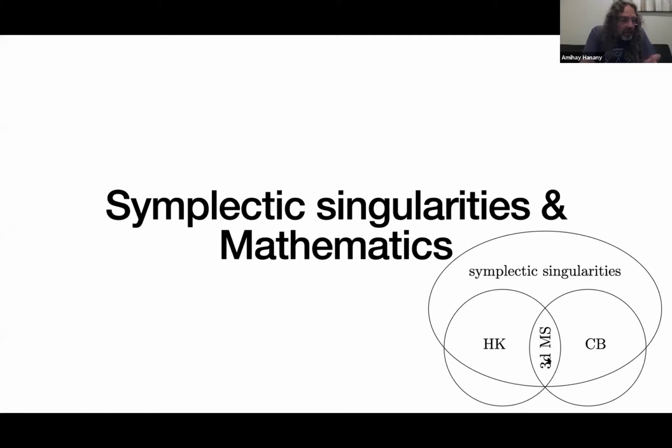And then there's been quite some activity around what is called three-dimensional mirror symmetry. We should also say that there are Coulomb branches which are not symplectic singularities, just like hyperkähler quotients.